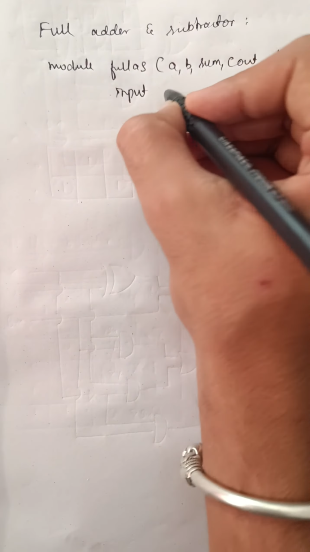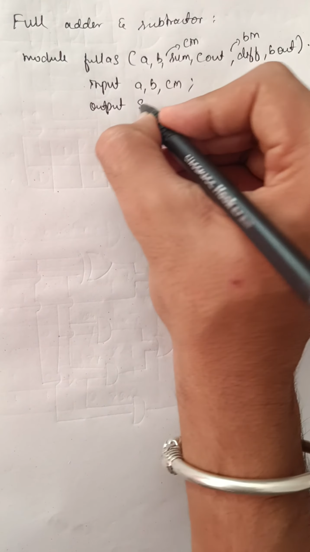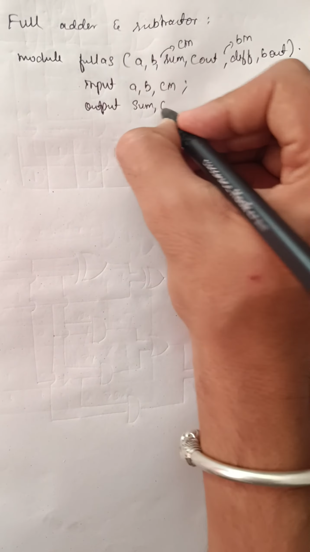We have to write inputs C in and B in: A, B, C in, semicolon. Output is sum, carry out, difference and borrow out.